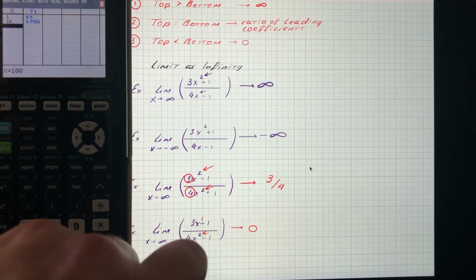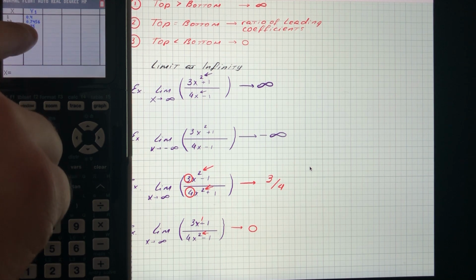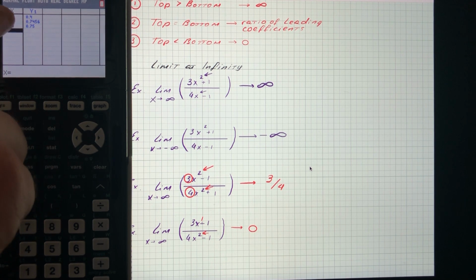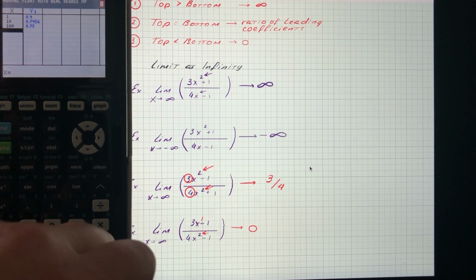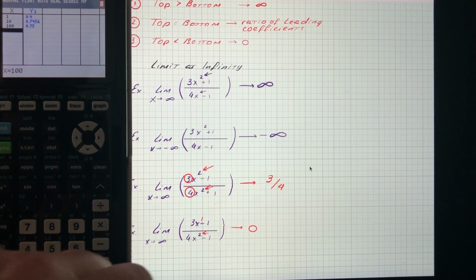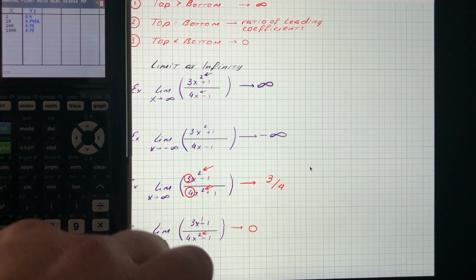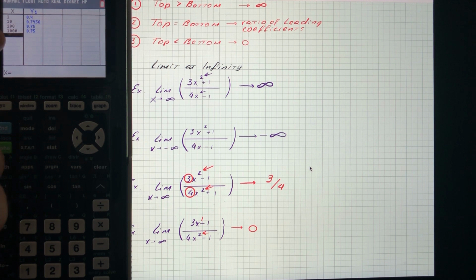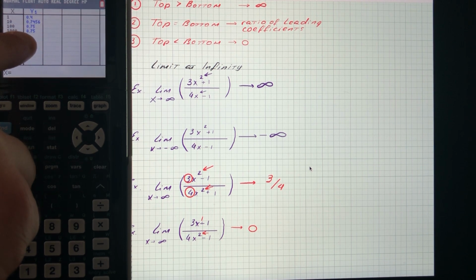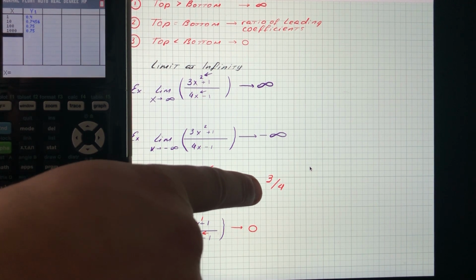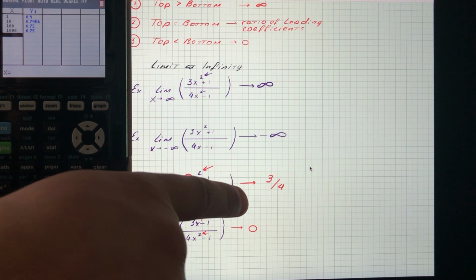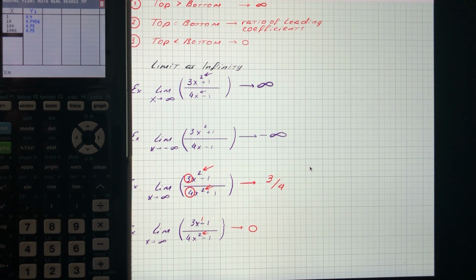And we are asking, is this number getting bigger, smaller, or is it stabilizing at some particular value? So far it looks like we're getting closer and closer to 0.75, and in fact the higher the x goes, 0.75 is going to stay the same. So we are flattening out at 0.75, which is exactly 3/4. That's exactly what our answer said by hand.